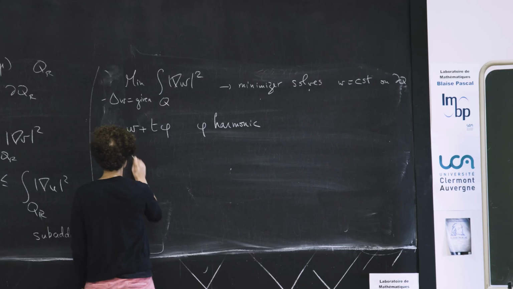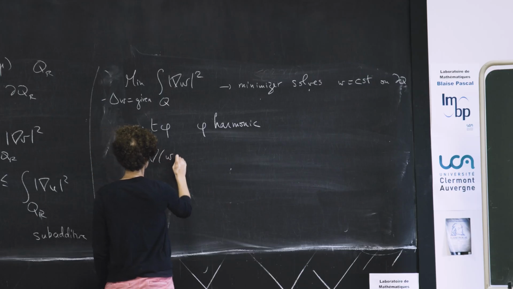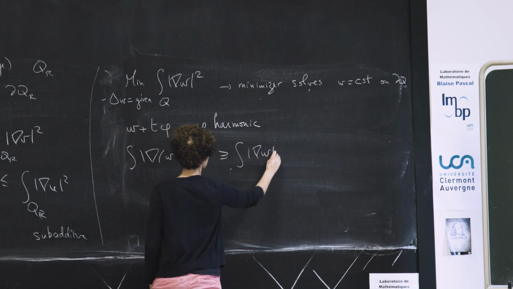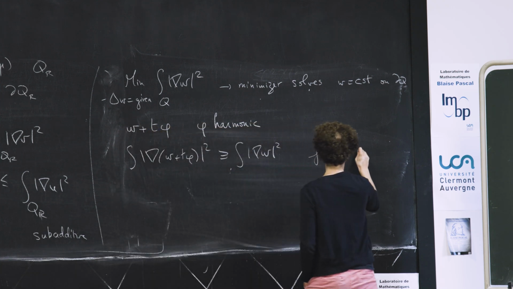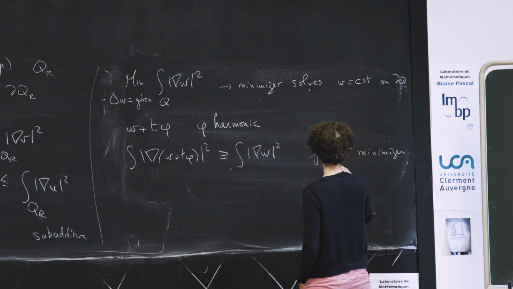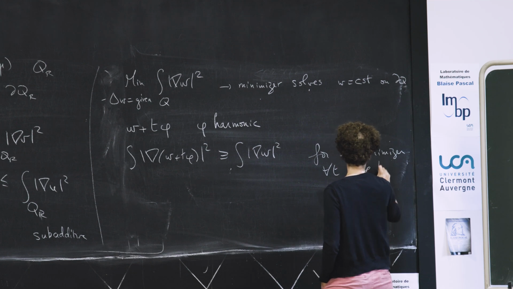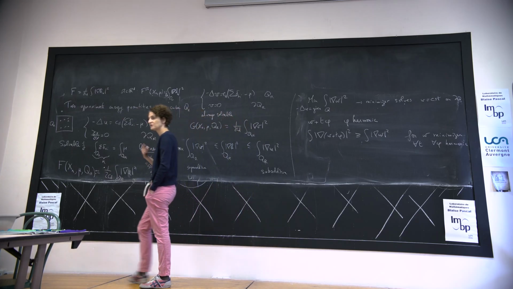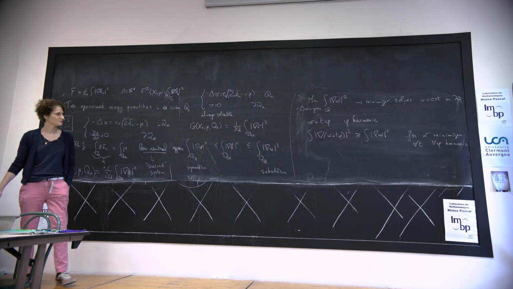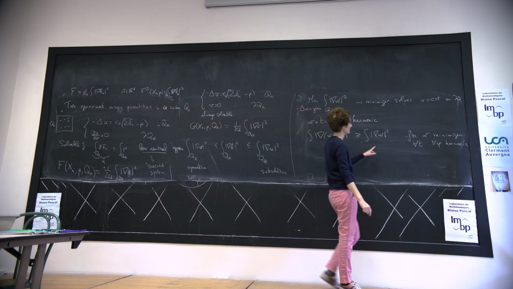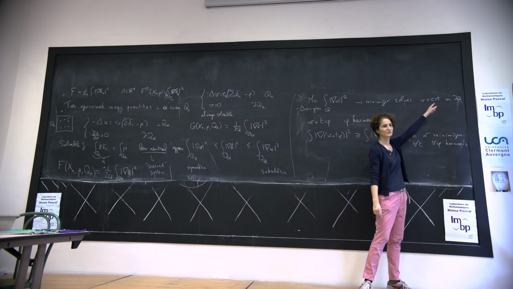And now you can say, well, this guy has a bigger energy than that guy if W is the minimizer. And this is for every t and for every phi harmonic. Okay? So now you expand in t, you do a Taylor expansion, you do some integrations by parts, blah, blah, blah, and you're going to find, without too much effort, that W is constant on the boundary.